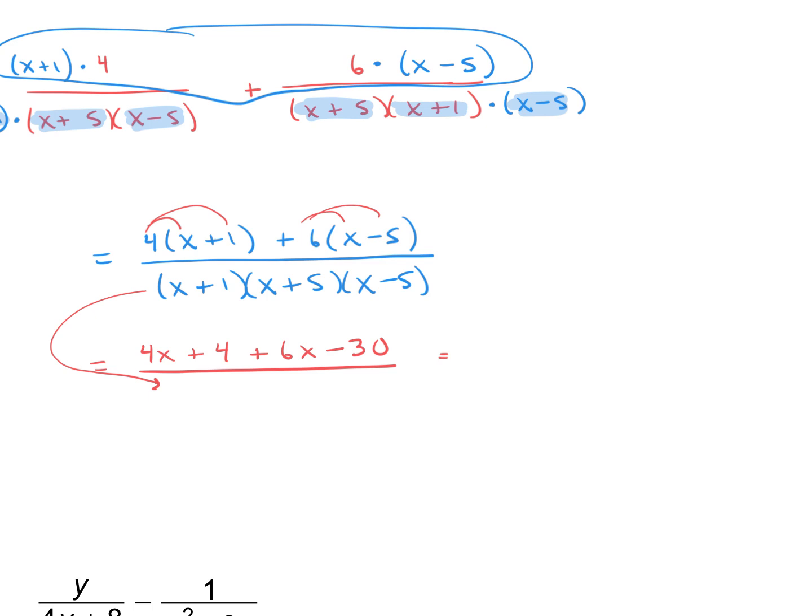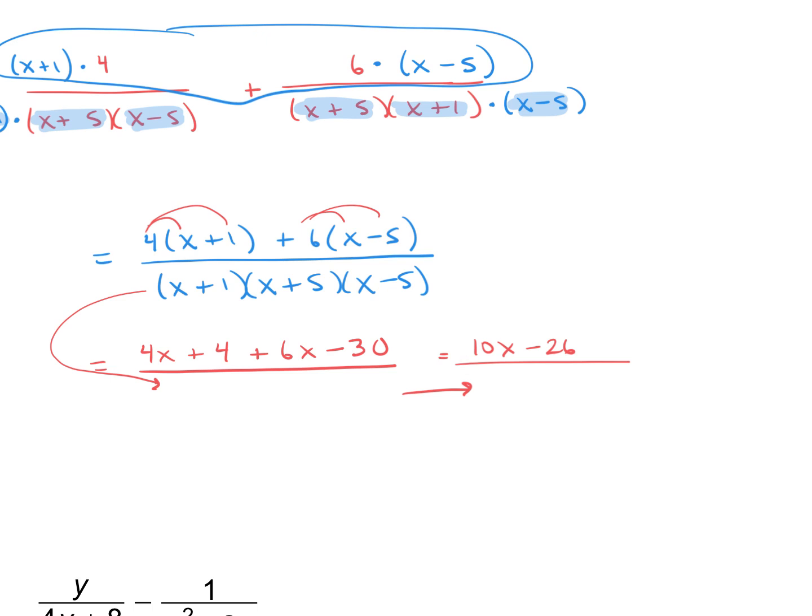4x plus 6x is 10x. 4 minus 30 is a negative 26, over this whole denominator again. For our final answer, what we want to do is see if we can do any reducing between the numerator and denominator, which means can we do any factoring and get our factors to reduce.